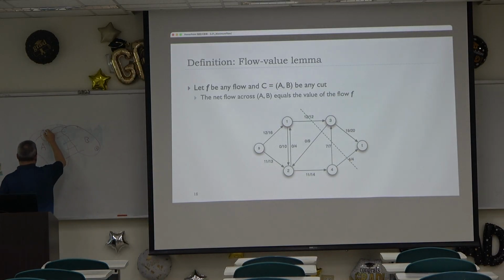Once you include this node into set B, obviously there are some incoming edges to this node, and there are some outgoing edges from this node to other nodes.